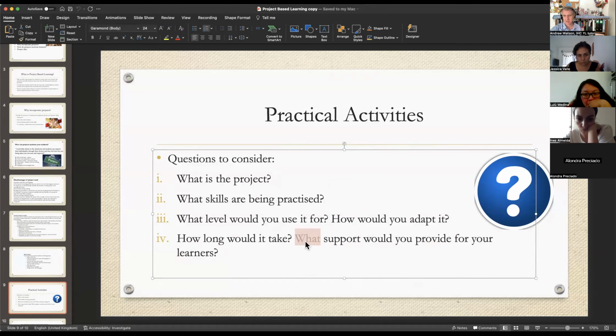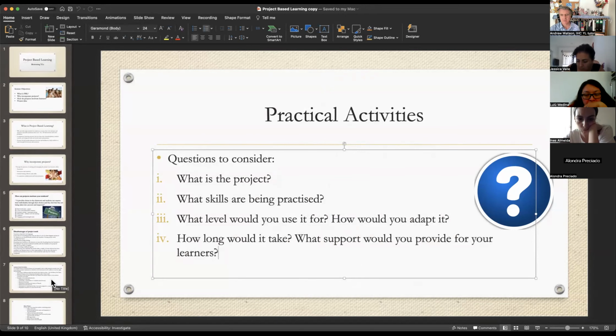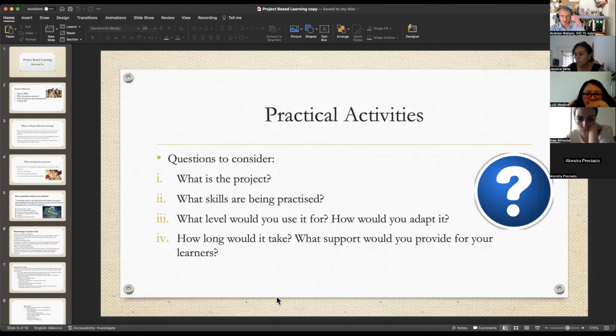Would it be just one 40-minute lesson, or could it be a series? Can you extend this over a series of lessons, which is more like what a project is? A project often extends over different lessons, because you've got a topic and you're developing it in different areas.